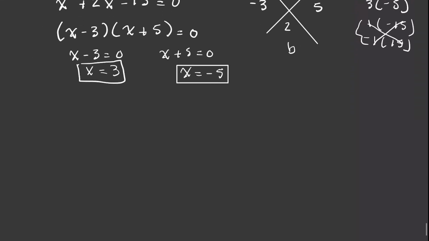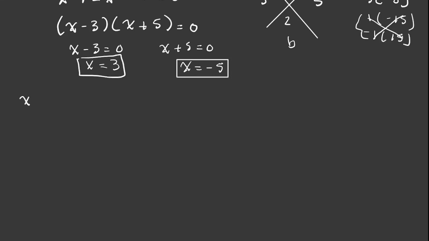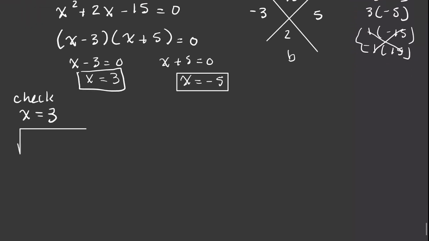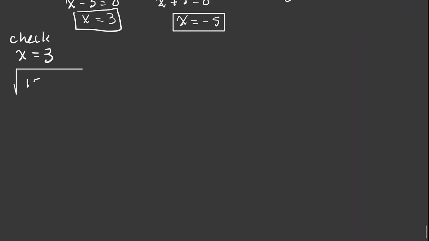So now I am going to check my first solution. Check x equals 3. I started with the square root of 15 minus 2x equal to x. Now for every x I see, I'm going to plug in a 3.